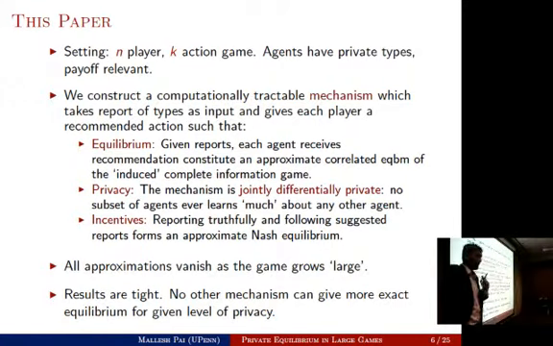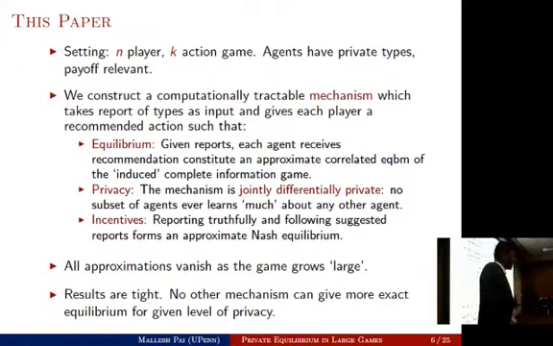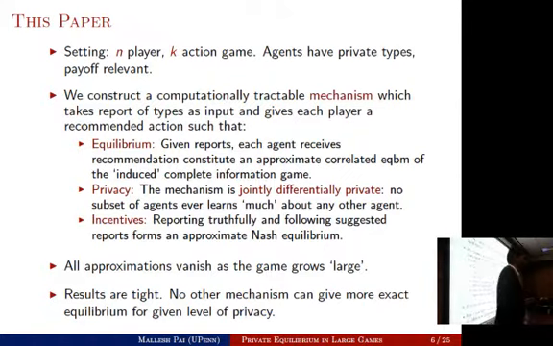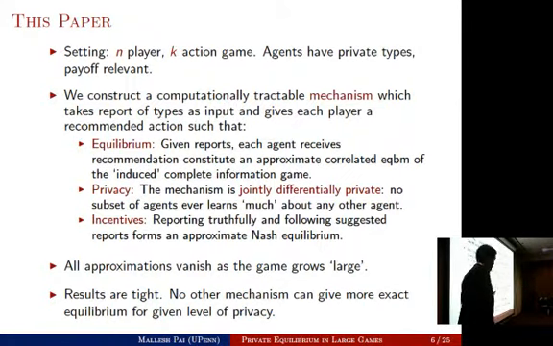One, the actions that I give everyone will constitute an approximate correlated equilibrium of the induced complete information game. So given everyone's reports, that induces a complete information game. The actions that they're given are required to be a correlated equilibrium. This, of course, satisfies the obedience constraint that I wrote down a minute ago.